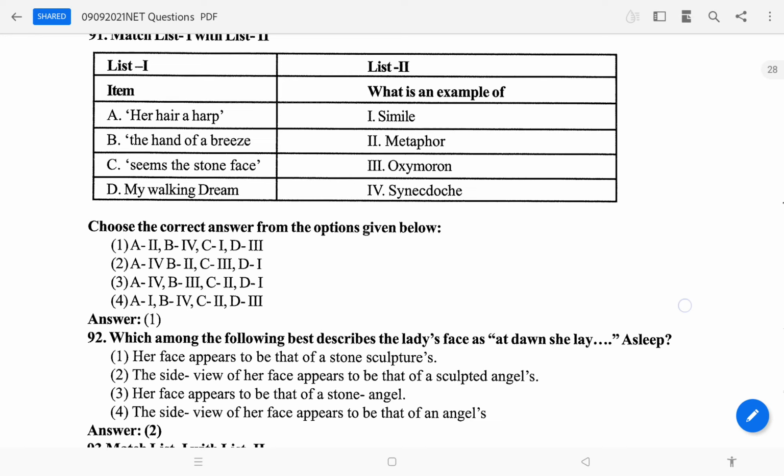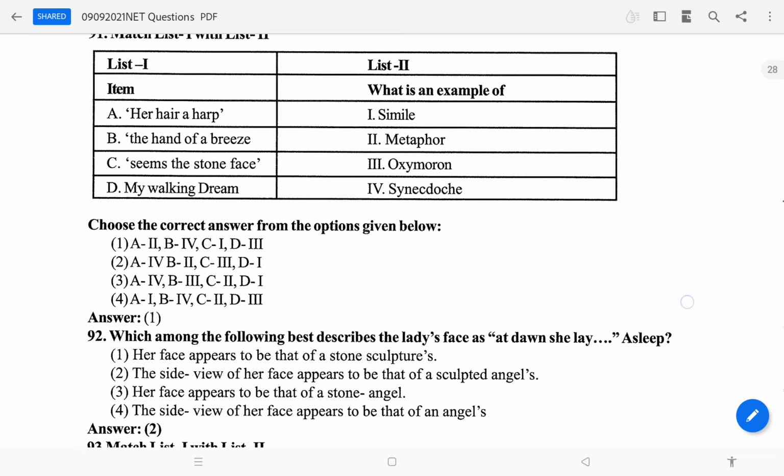Then seems the stone face. Here you can easily find that it is simile, because it says seems. So the words seems like, as, will be simile, right? Then my waking dream will be oxymoron because a dream cannot wake.